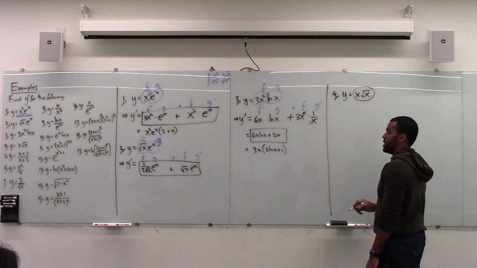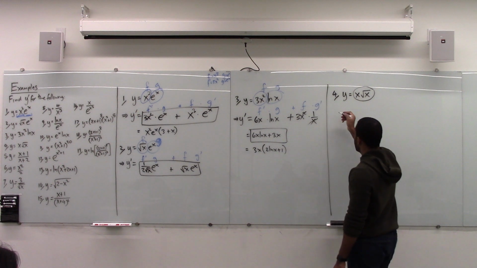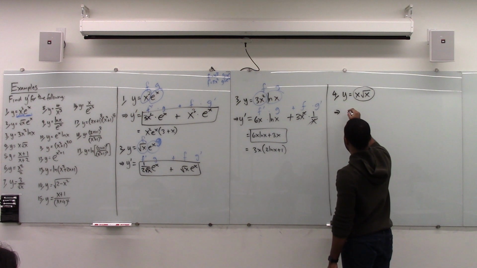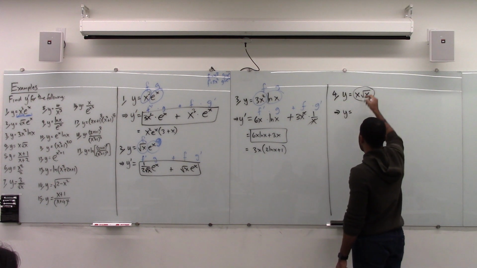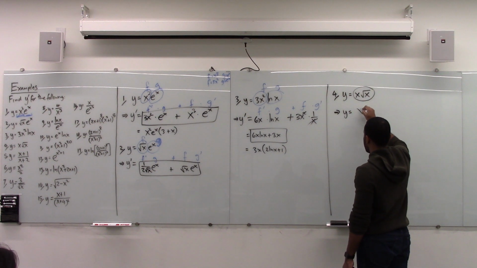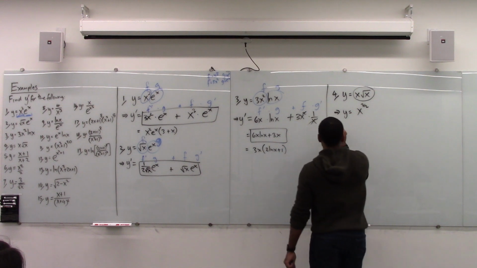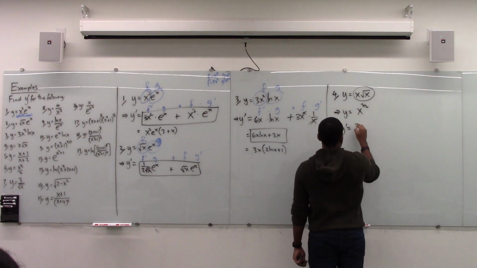You can actually rewrite that. This is y equals x to the 1 times x to the half, so that's x to the 1.5. So I could actually just use the power rule here.